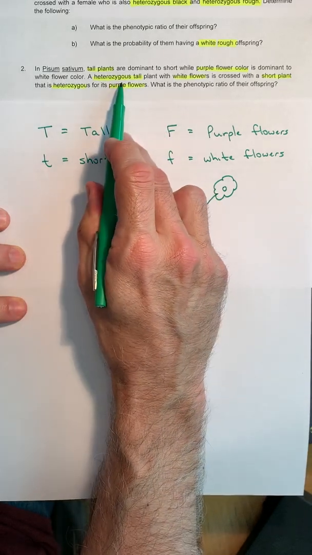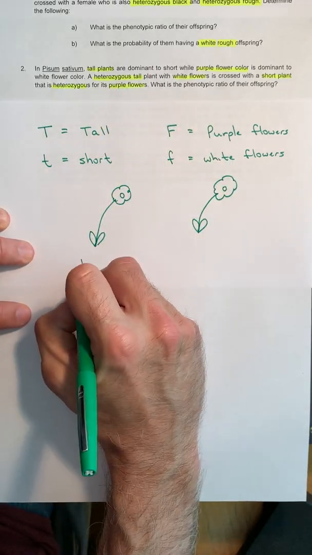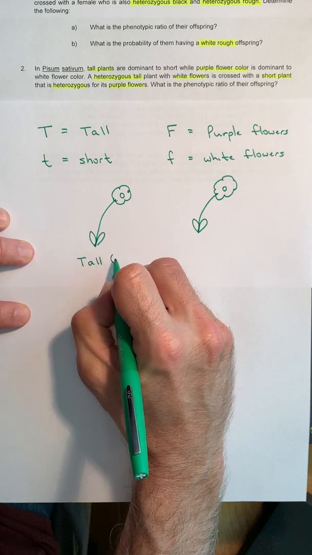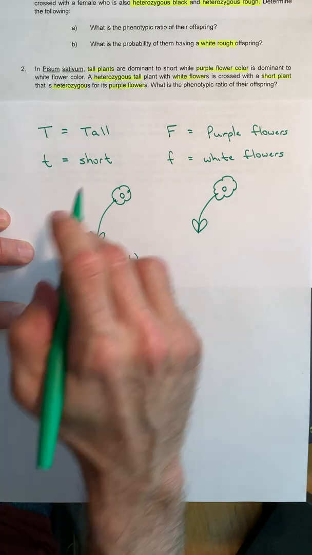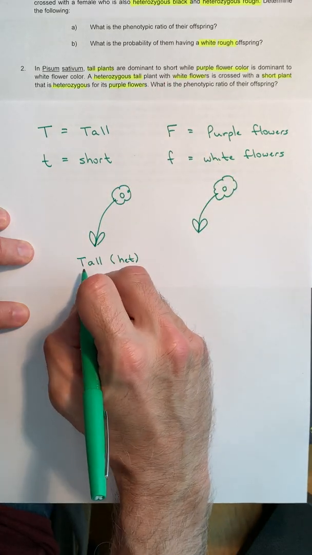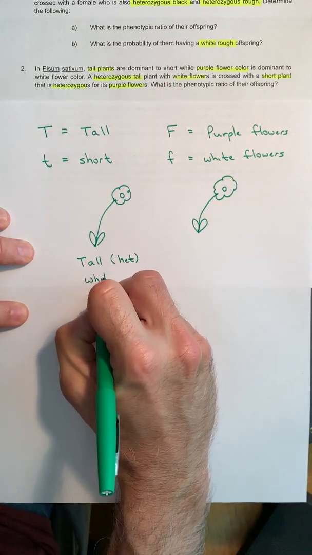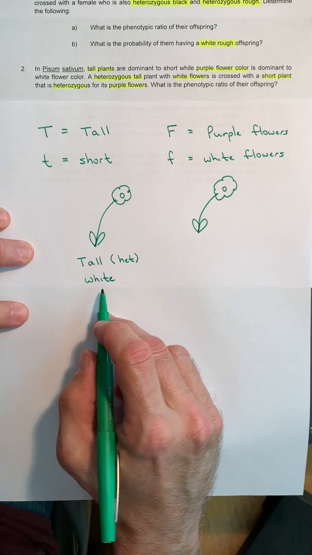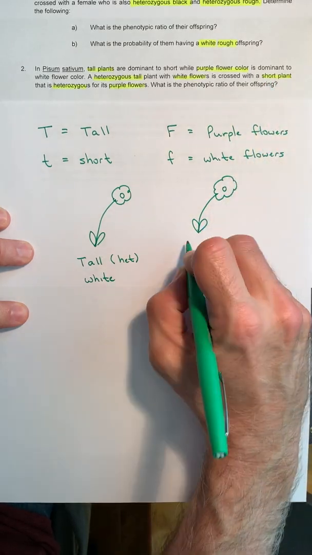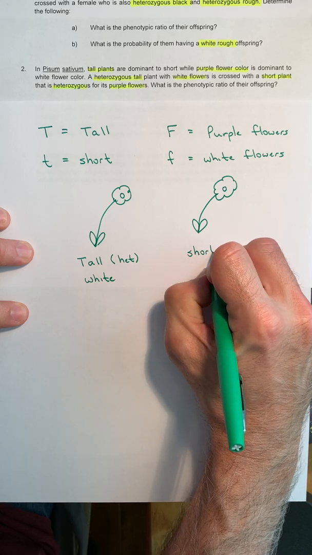So it says heterozygous tall. So this individual is tall and it's heterozygous. So a heterozygous tall plant with white flowers is crossed with a short plant. So this plant is short.